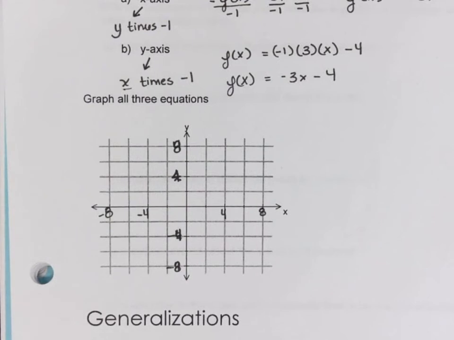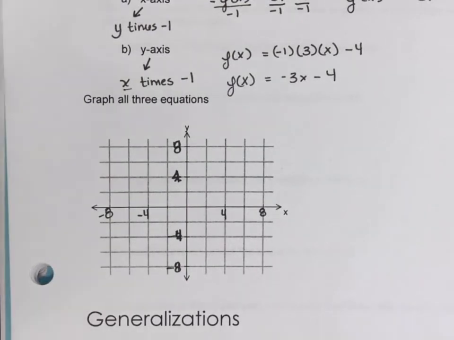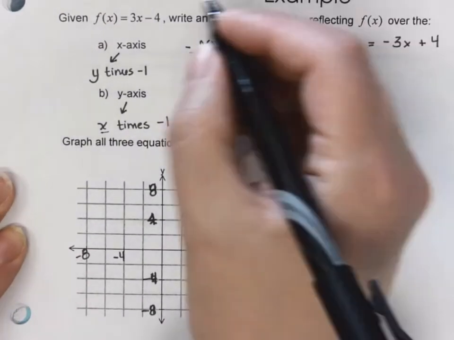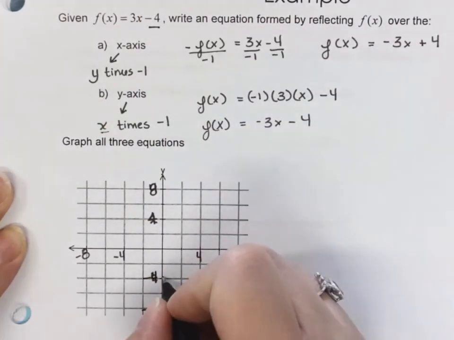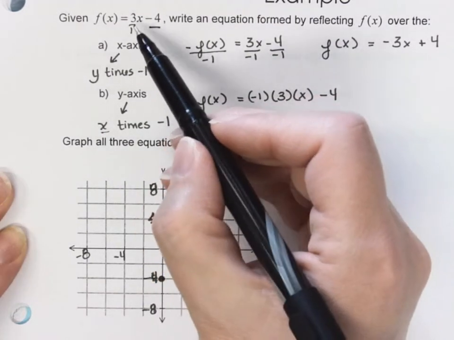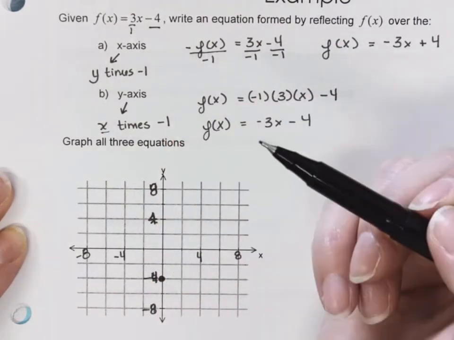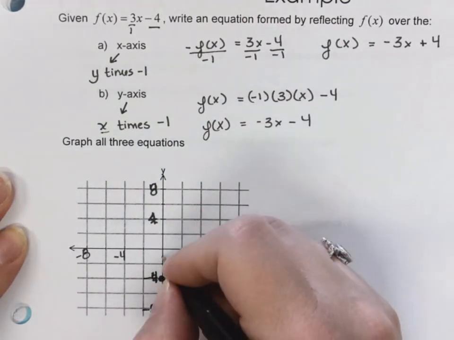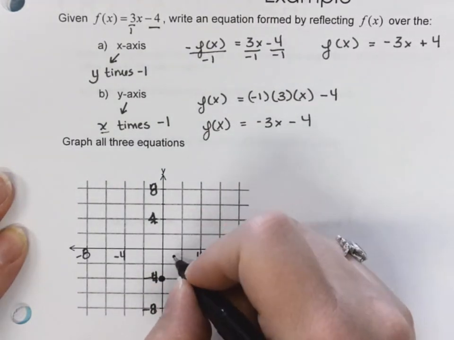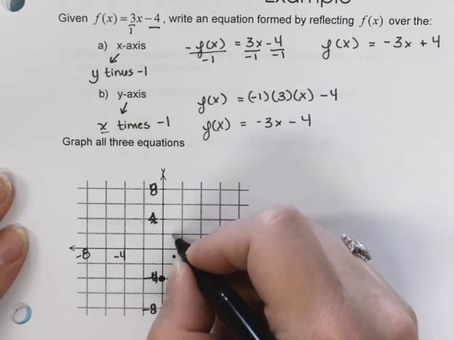So it wants all 3. You guys remember how to graph linear functions? These are all in nice forms. These are in your y-intercept form. So that tells me my y-intercept. So I cross at -4, and my slope is 3 up, 1 to the right. You guys remember that? So I'm here. 3 up, 1 to the right.